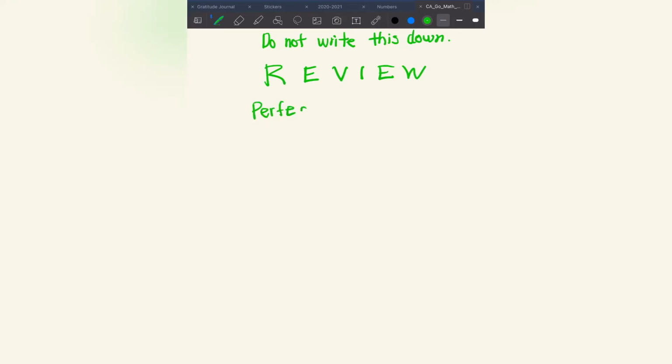Do not write this down, it's just a review of what perfect squares are. Perfect squares is when we have the square root of a number and it equals a whole number. Like the square root of 1 equals 1, that's a whole number. And we know that because 1 squared equals 1, so 1 times 1 equals 1.